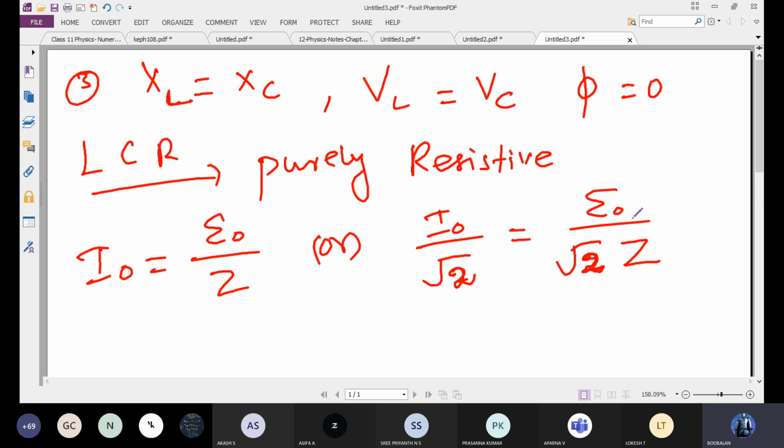So E naught by root 2 is E RMS. E RMS is equal to E naught divided by root 2.